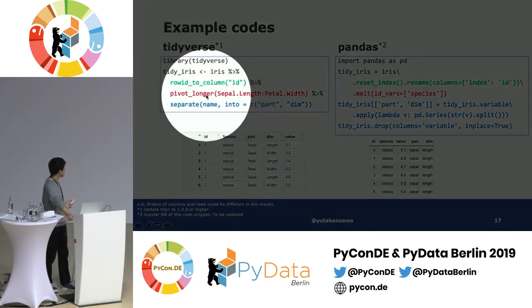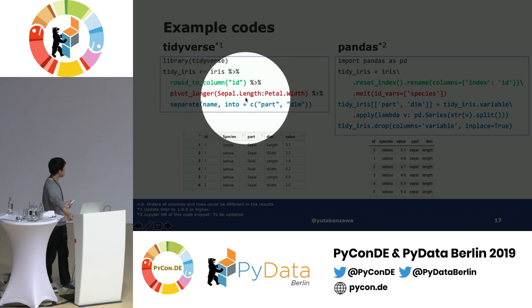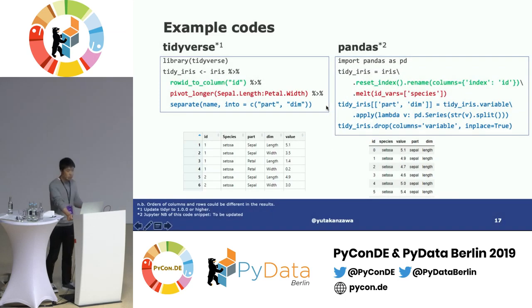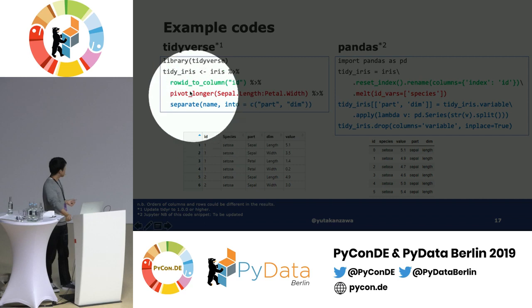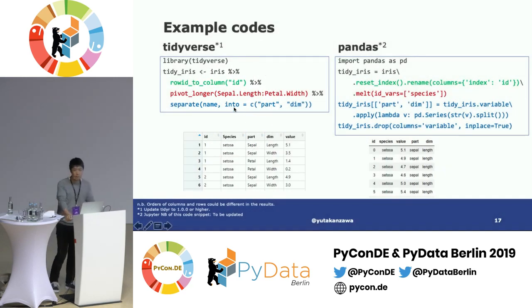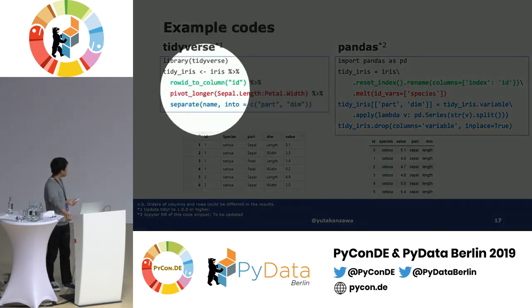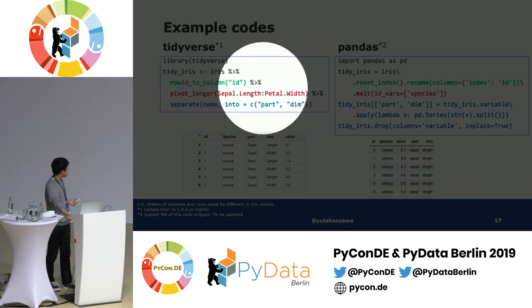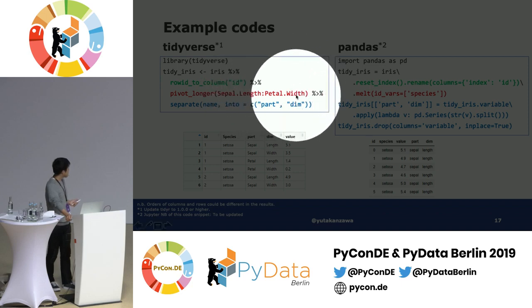Then the result is handed to the pivot longer function, which makes a horizontal, wider dataset into a longer, vertical dataset. And finally, I put it into the separate function, which separates a string column. In this case, I want to split sepal length or sepal width.